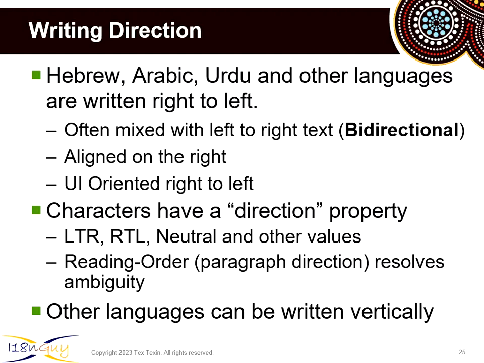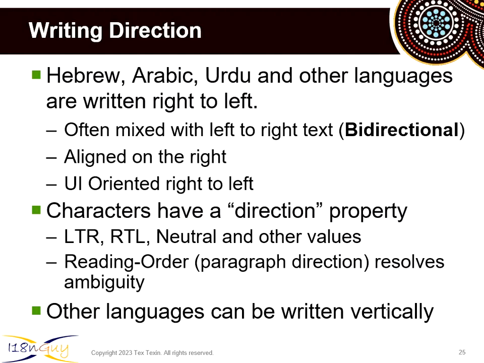There are other values depending on their use in numeric expressions and so forth. So all of these properties are designed so that as you write text, the text is ordered mostly correctly.